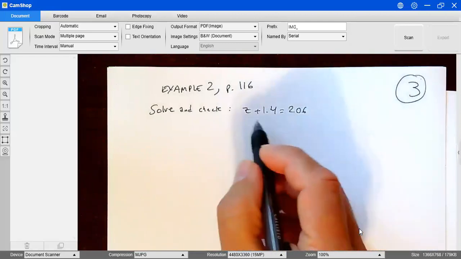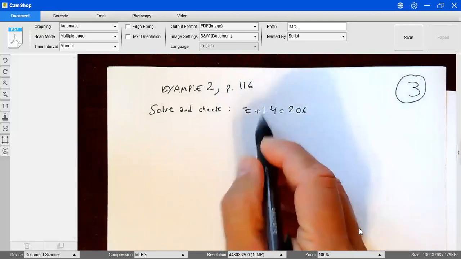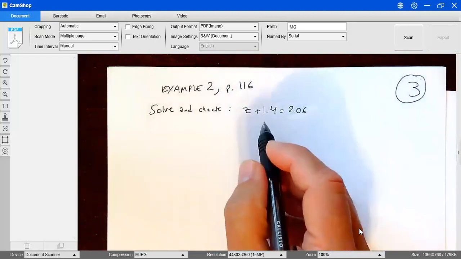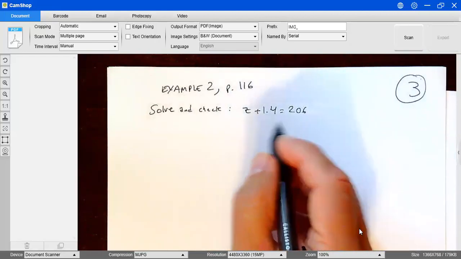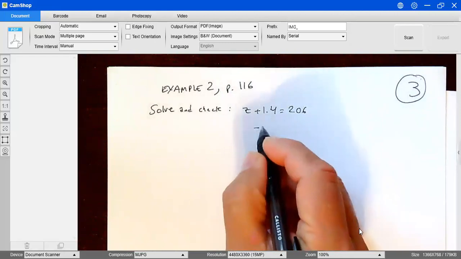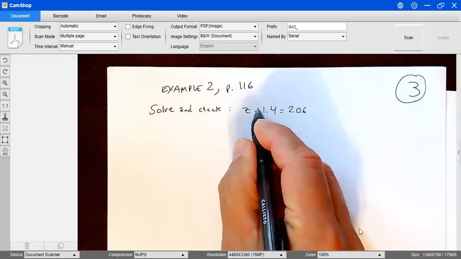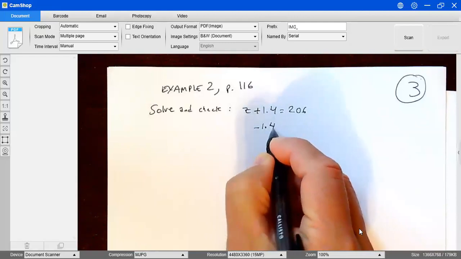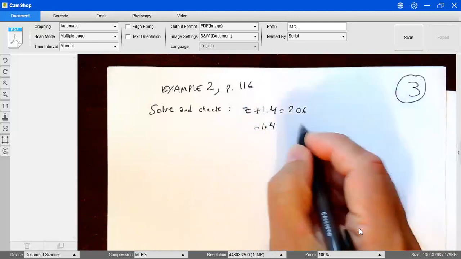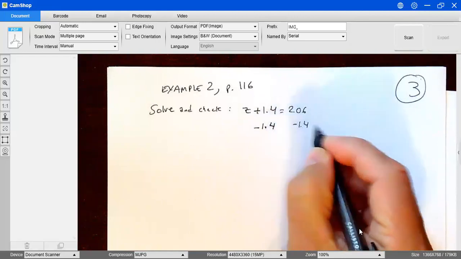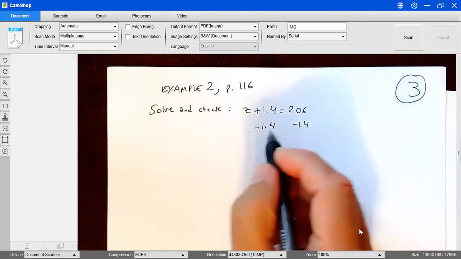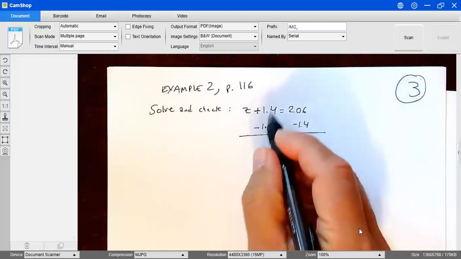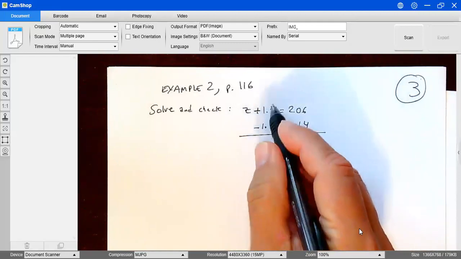So here we want to remove 1.4 from the left-hand side, so we need to add, in this case, a negative number, because that's the opposite sign. We're always going to add the number with the opposite sign, and we add that number to both sides of the equation. If we do that, we cancel this because they have opposite signs.